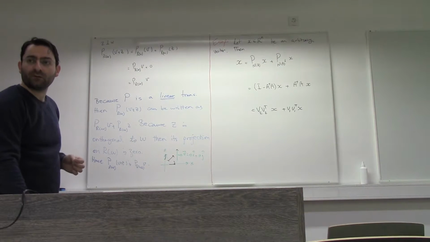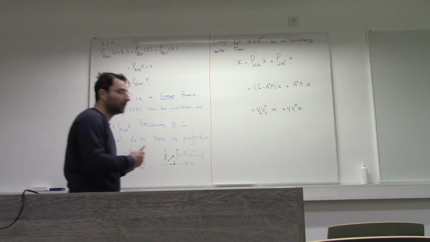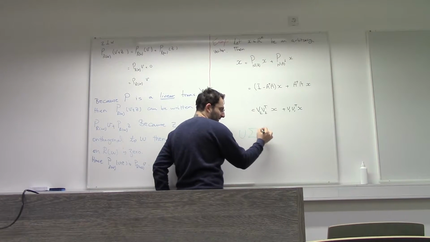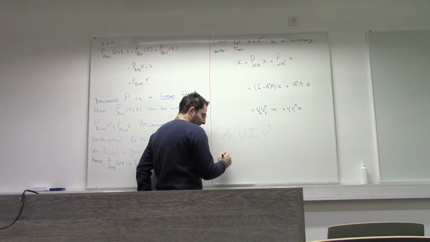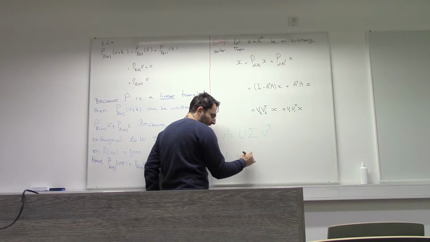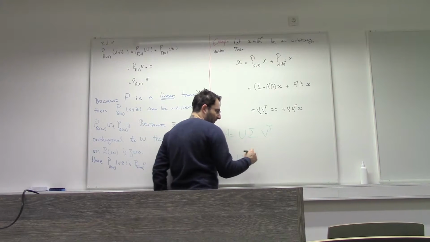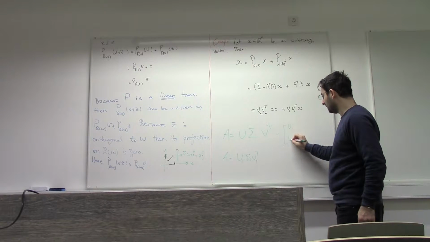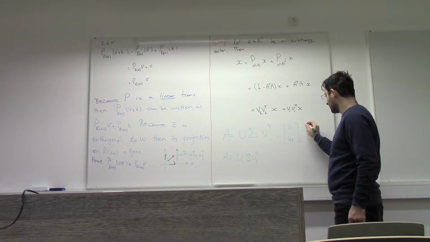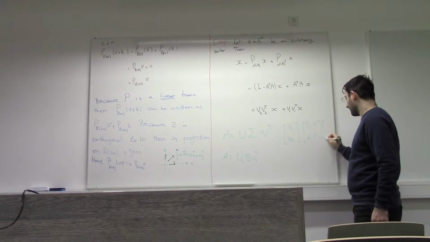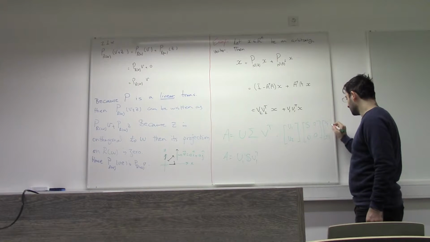Laura, do you remember what V1 and V2 are? You said that if A is decomposed into U sigma V transpose, we can write it as U1, U2, times S, 0, 0, 0, times V1, V2 transpose.